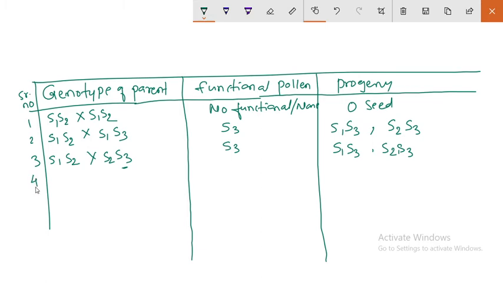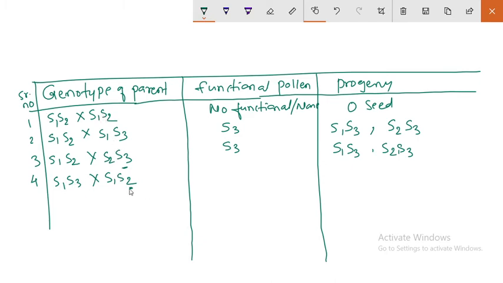Then the fourth case: suppose the organism has S1, S3 alleles, and it is crossed with S1, S2. Only S2 is functional here, because S1 is common to both the male and the female.